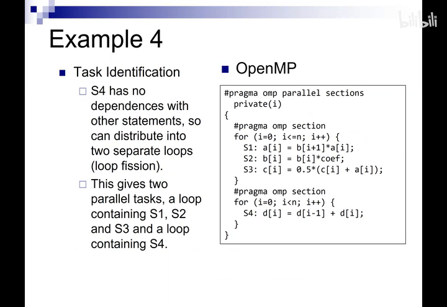What you see is that if you break the loop into two parts, the part with the A, B, and C, and the part with the D, we have these loop carried dependencies within the first part, because there was this anti-dependence on the B variable from S1 to S2. Therefore we need to do all of these iterations in sequence. And there's also this loop carried dependence for the D, so we need to do all of these iterations also in sequence.